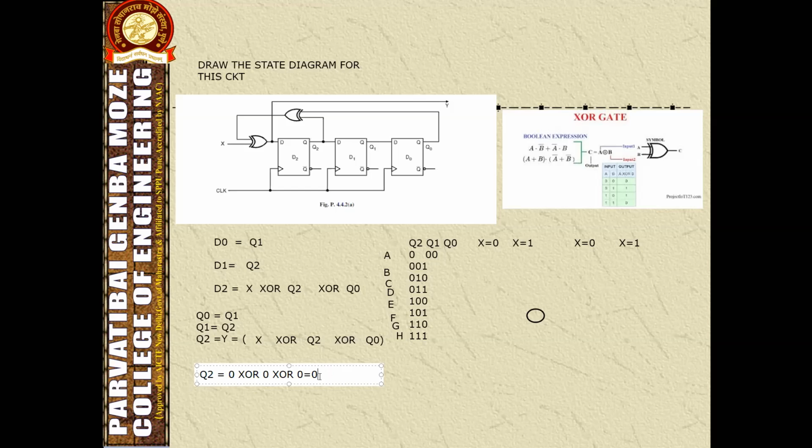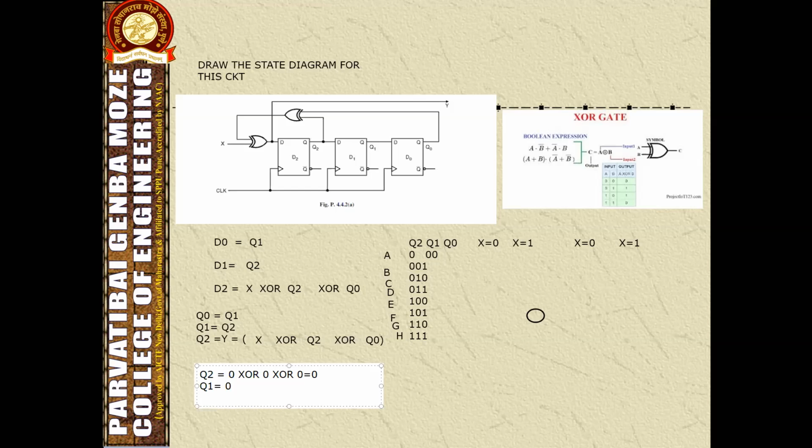For Q1, what is the output we are getting? Q1 is the output of Q2, and Q2 is 0.